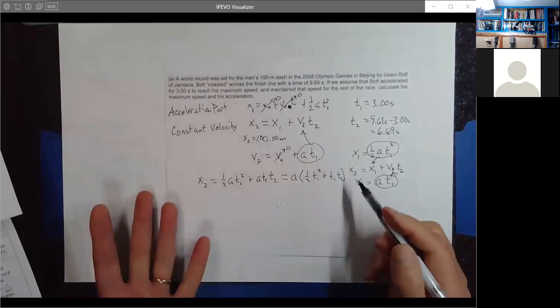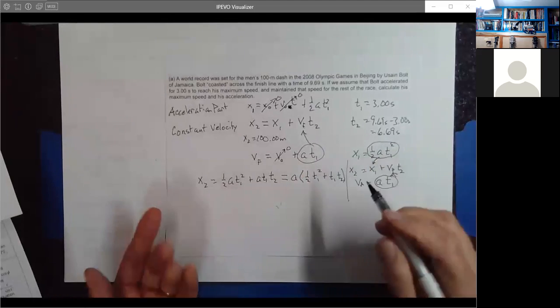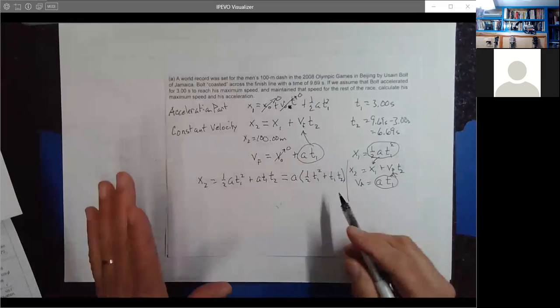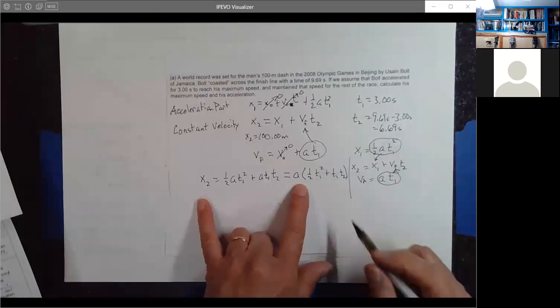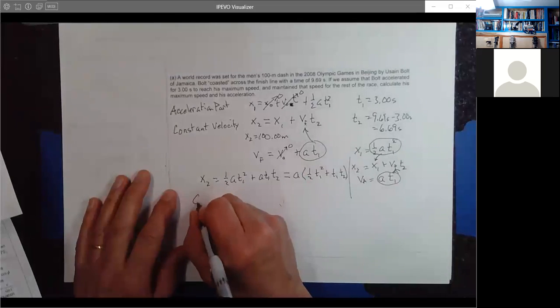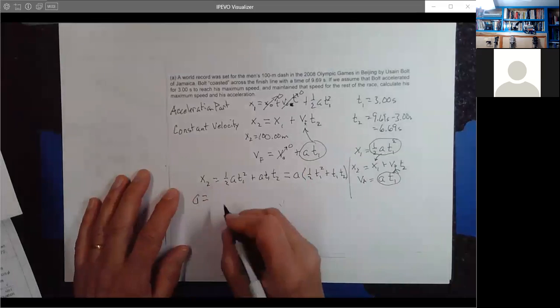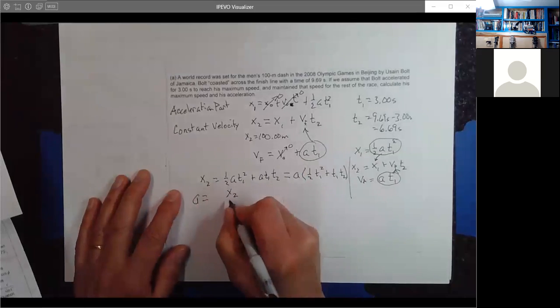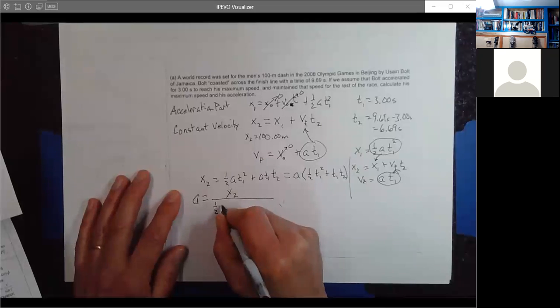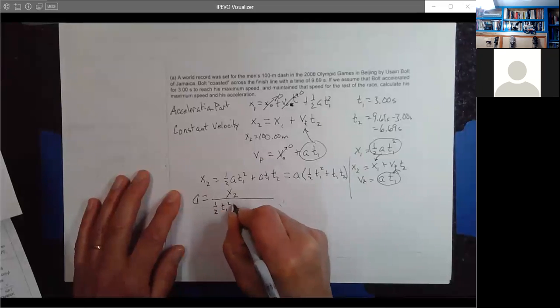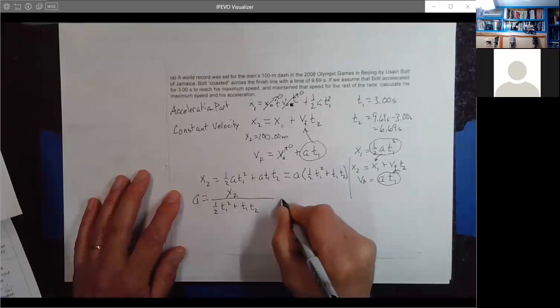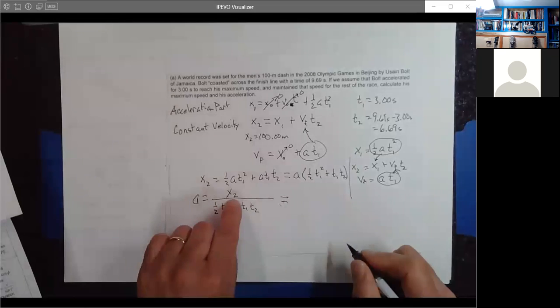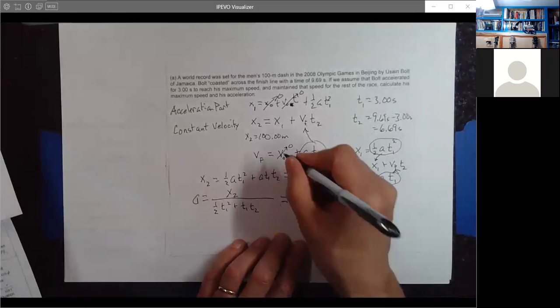By the way, I had not figured out this problem before class today. And so I'm just kind of winging it here, but I think I can do this. And so the acceleration is going to equal x2, the 100 meters, divided by 1/2 t1 squared plus t1 t2. And now I can just plug in numbers. x2, 100.00 meters.